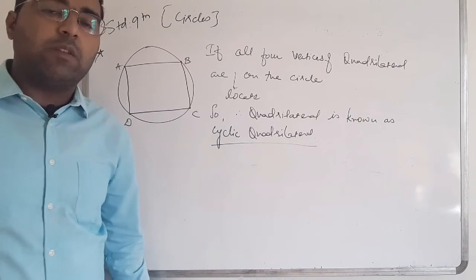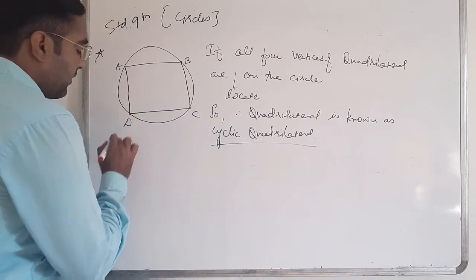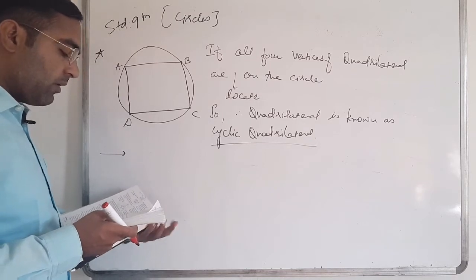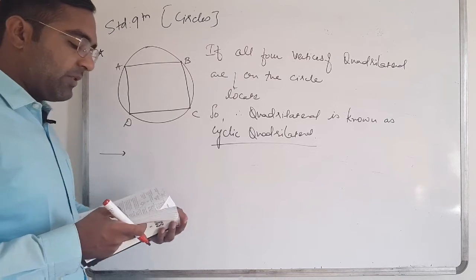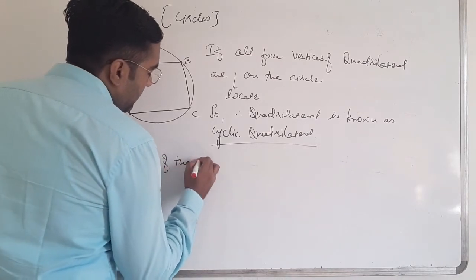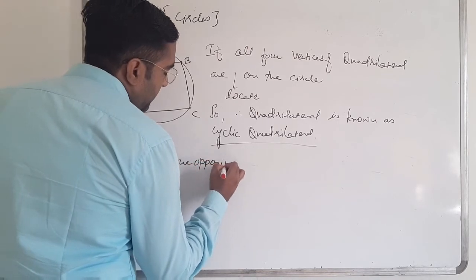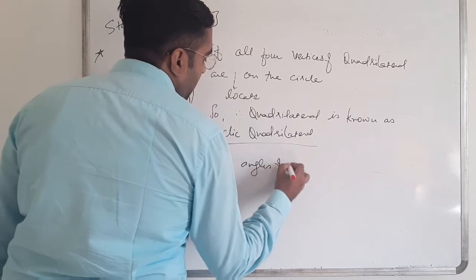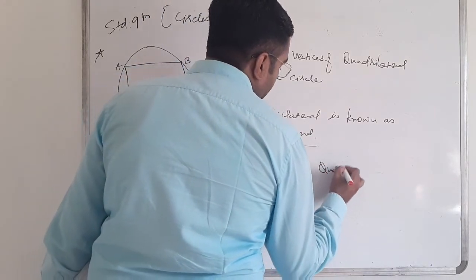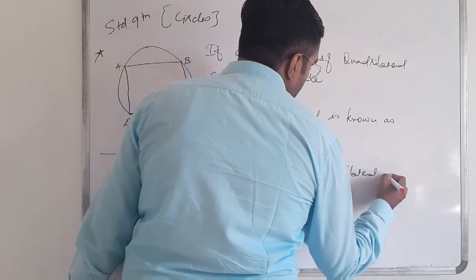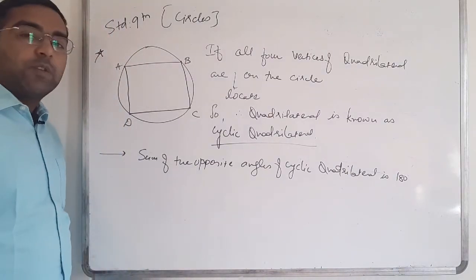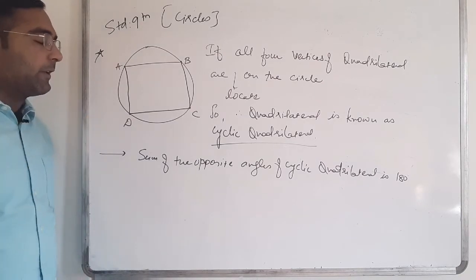Now there is a property of the cyclic quadrilateral, only one property: the sum of either pair of opposite angles of a cyclic quadrilateral is 180 degrees.